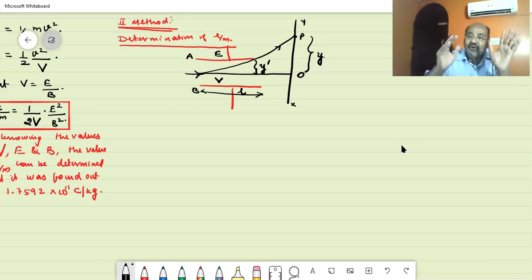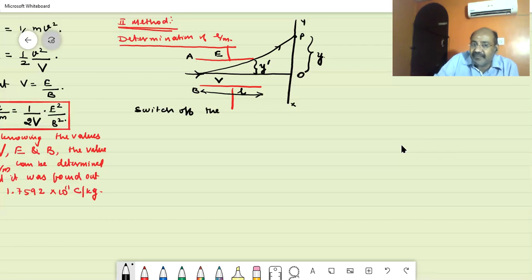Let us see how. Here we are going to switch off the magnetic field in between the two plates, which is acting perpendicular to the electrical field, and we are going to apply only the electrical field. So in order to determine e by m, the first point is you switch off the magnetic field.